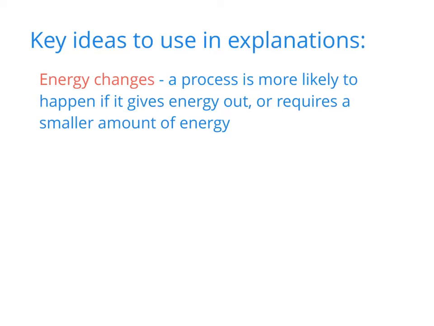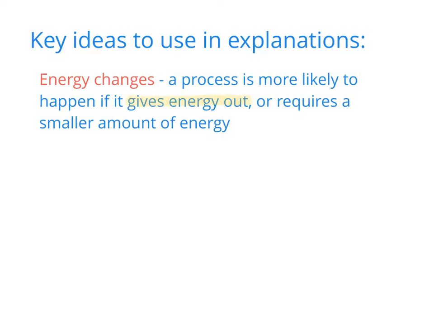So key ideas to use in your explanations when you start writing longer answers about chemistry is talk about energy changes. Generally, certainly for your first year, it will get a little bit more complicated in the second year. We can say that a process is more likely to happen if it gives energy out.